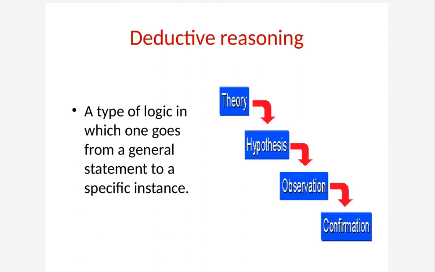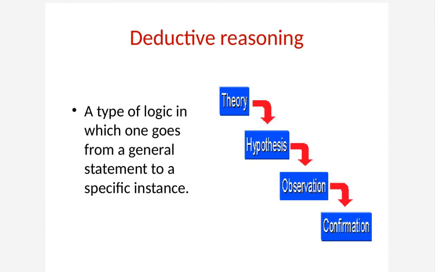A type of reasoning that we use in science is called deductive reasoning. That's a type of logic in which one goes from a general statement to a specific instance. And this is the type of logic that we expect data analytics students to be in the mode of.